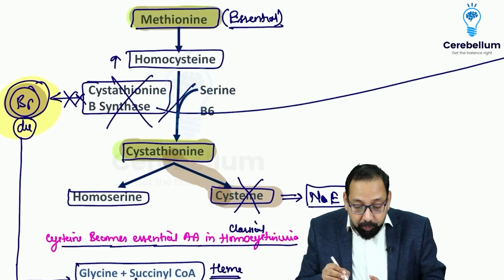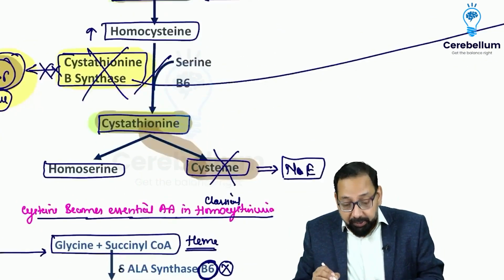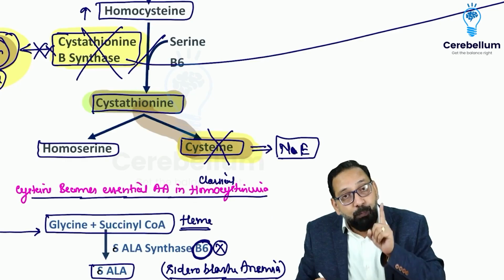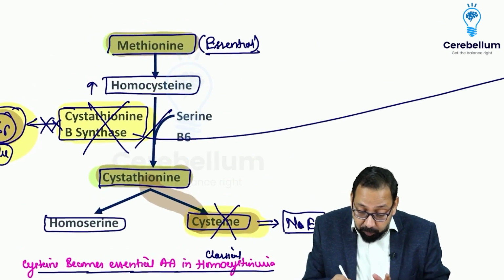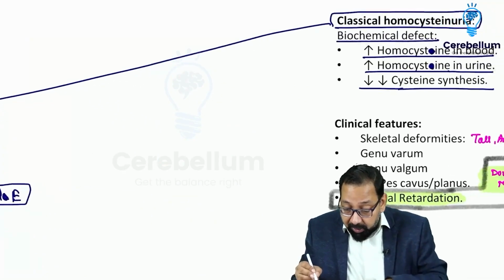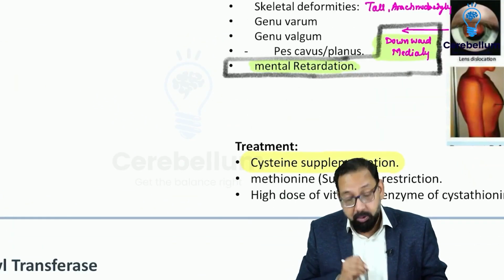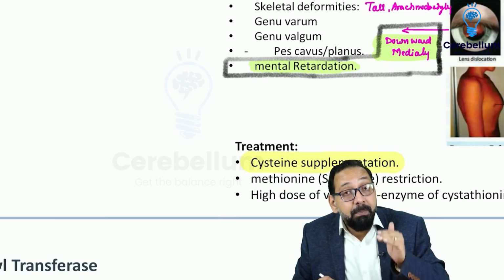So I told you that in classical homocystinuria, there is decreased synthesis of cysteine. So in treatment, you will give cysteine. One question: in this patient of classical homocystinuria, treatment will include cysteine supplement. You will restrict diet in methionine.